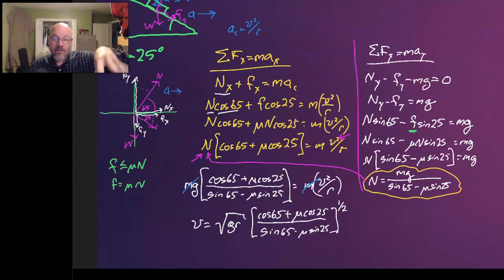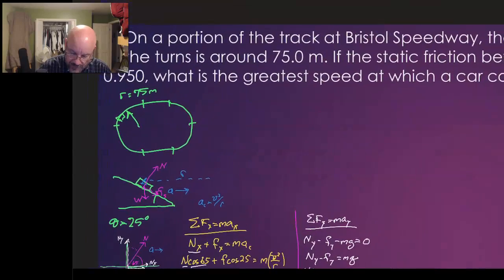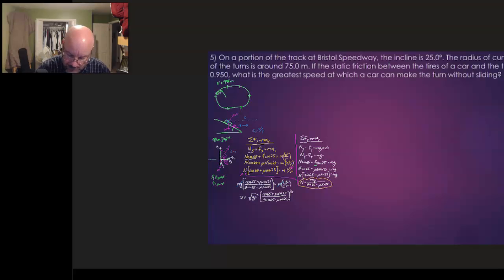All right, now if you plug in all the numbers we've got here and up above, it says, hey, there we go. Where does it say? Here's mu is 0.95.